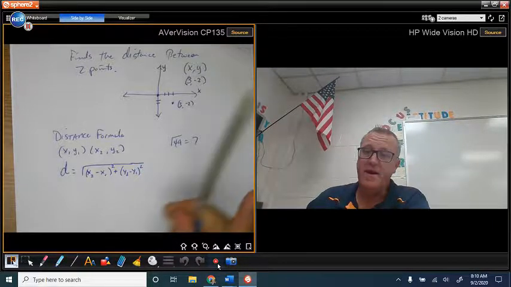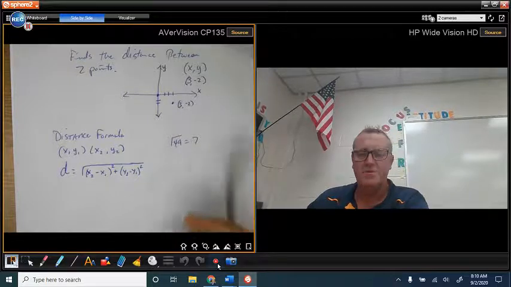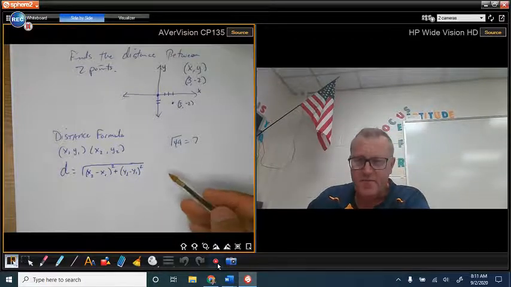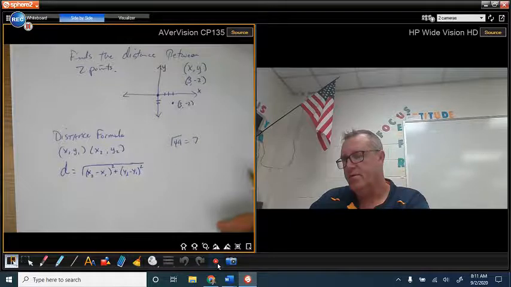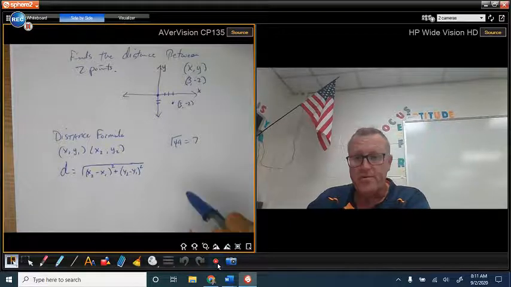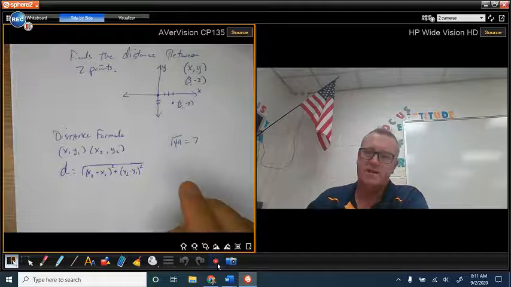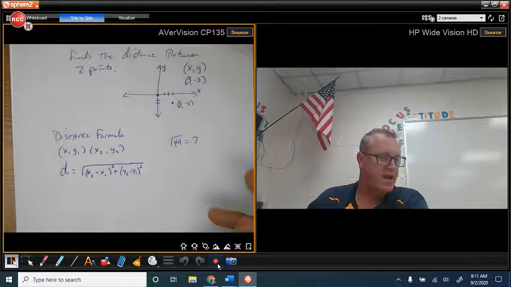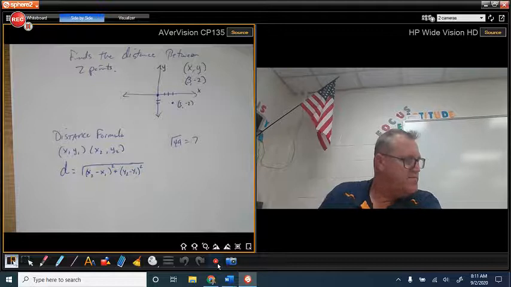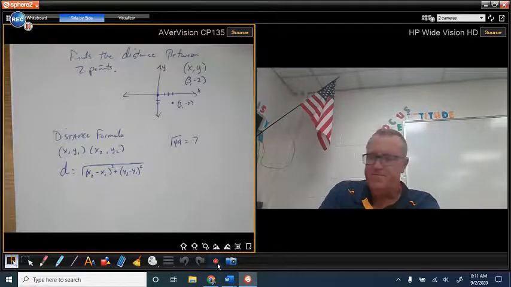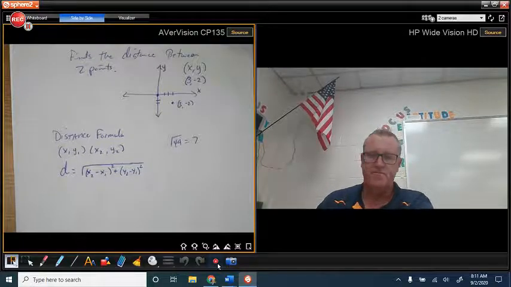Now, later we're going to figure out where this is derived from. Where does this come from? Because it's actually related to slope. It's related to the Pythagorean theorem. There's just a lot of different ways that you can find it. So that's the distance formula.